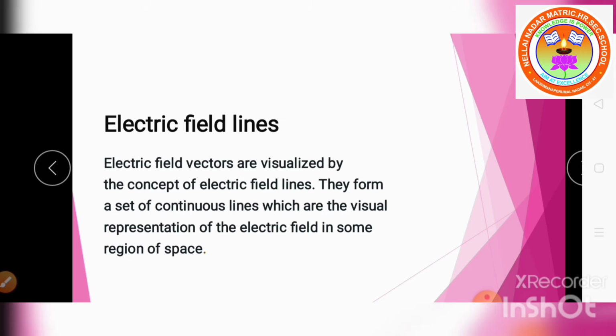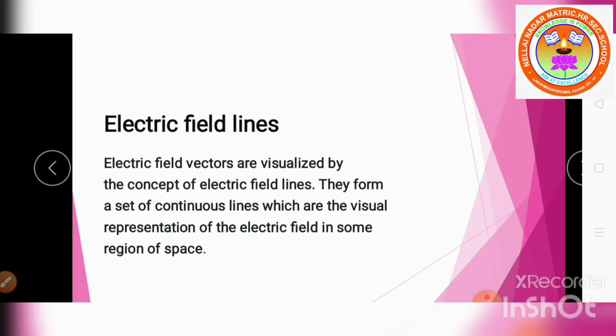They form a set of continuous lines which are the visual representation of the electric field in some region of space. This you can understand by drawing the electric field line for charges.